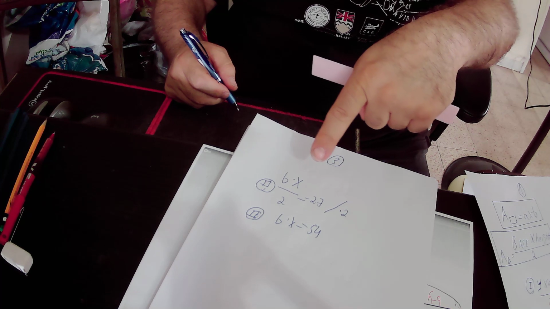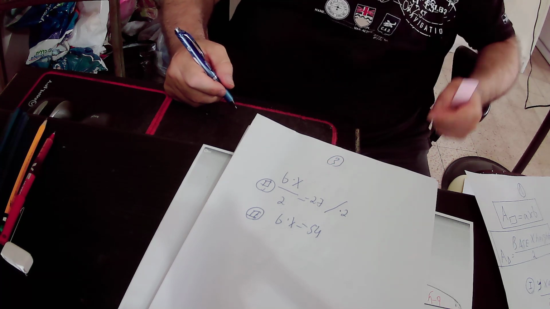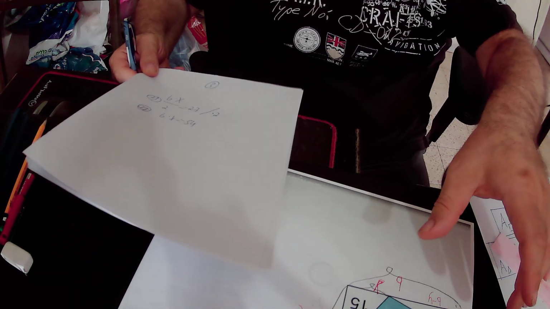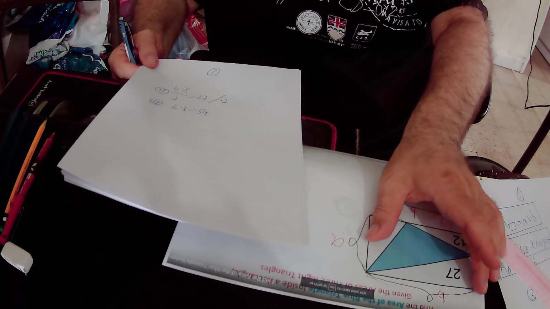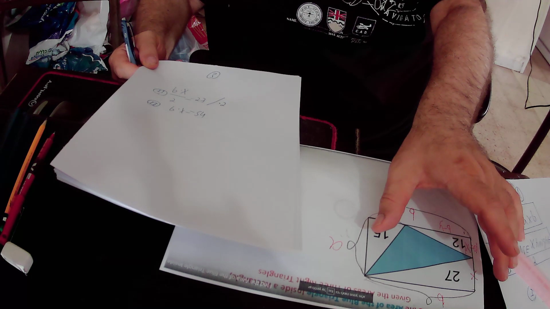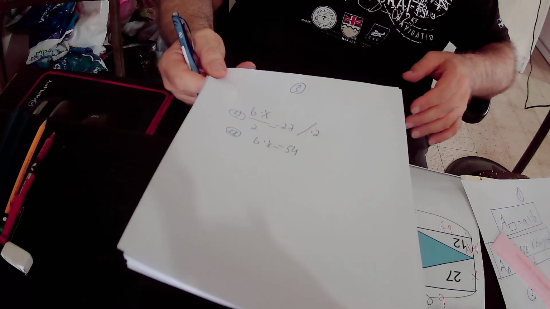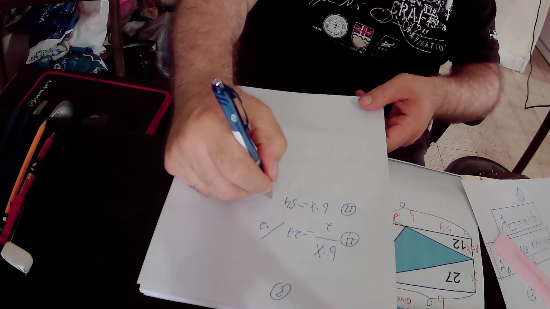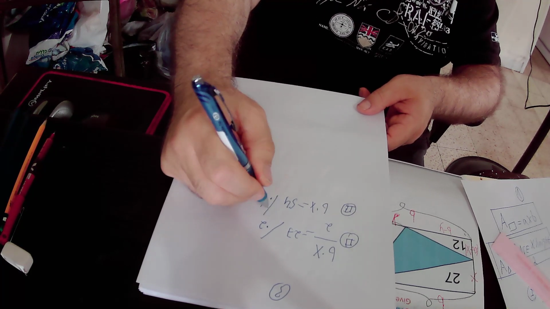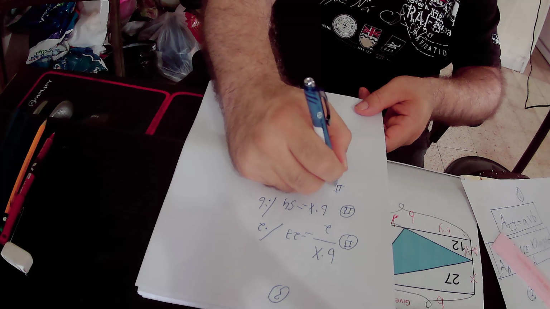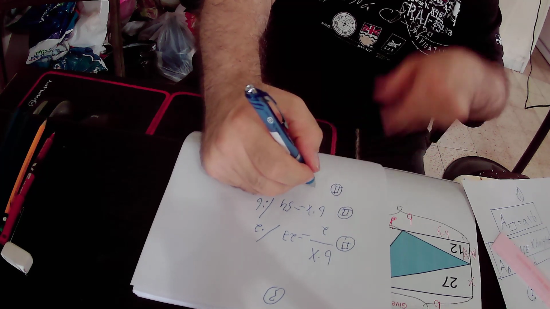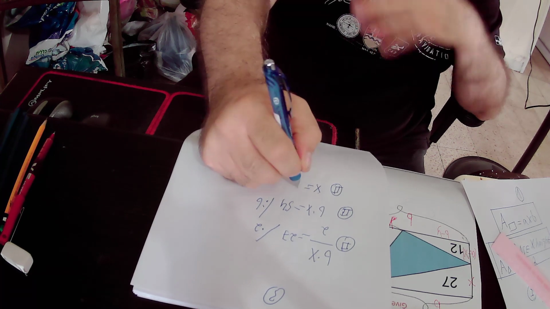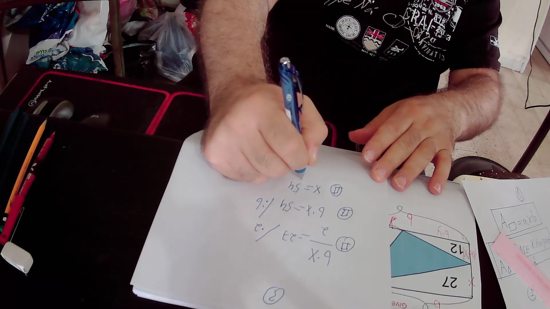Now we can divide both sides of the equation by b, because b is the length of the triangle, so it can never be 0. So we get that x equals 54 over b.